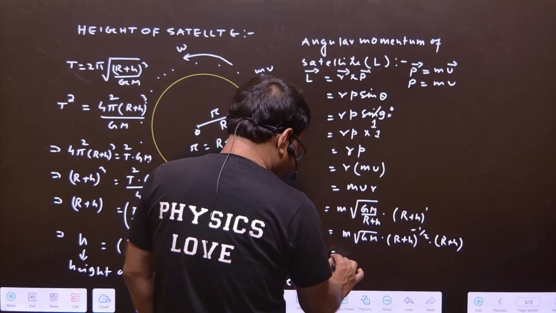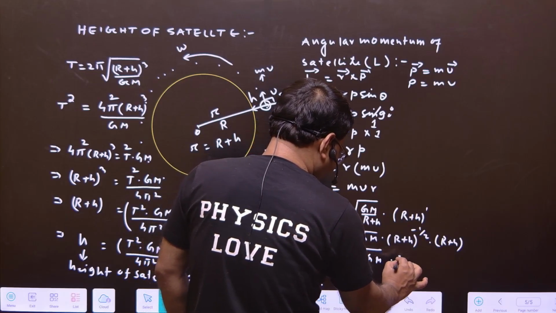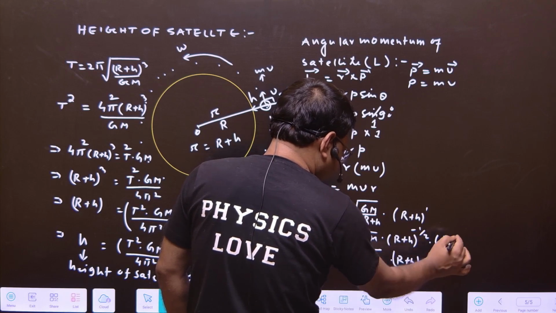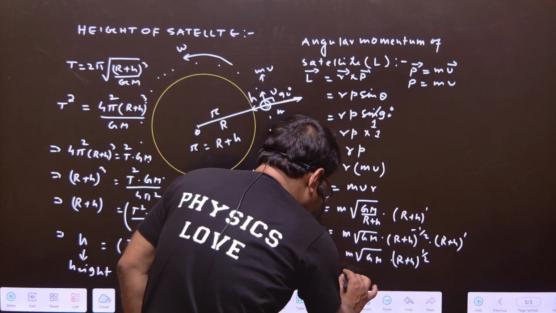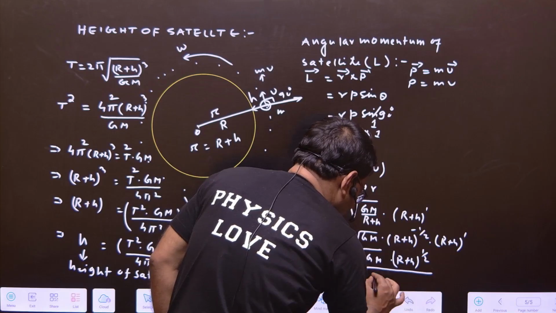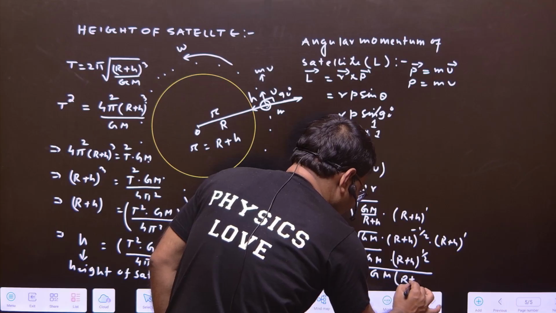So calculate here: m into root of GM, (R plus h) power 1 minus half, meaning power half, means it will be root. m into root of GM into (R plus h).